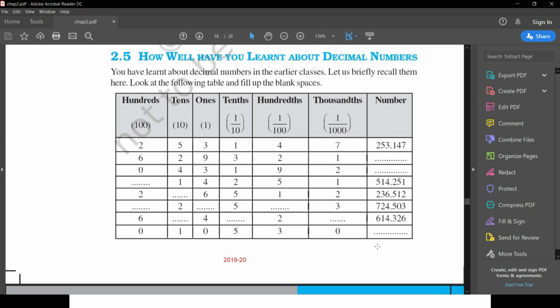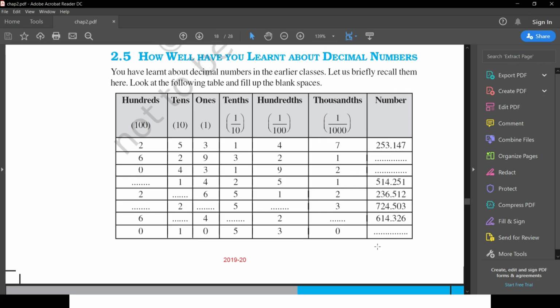Students, you can see how well you have learned about decimal numbers. You have learned about decimal numbers in the earlier classes also. Let us briefly recall them. Now look at the following table and fill up the blank spaces. Suppose any number 253.147. How can you write the number in tabular form?